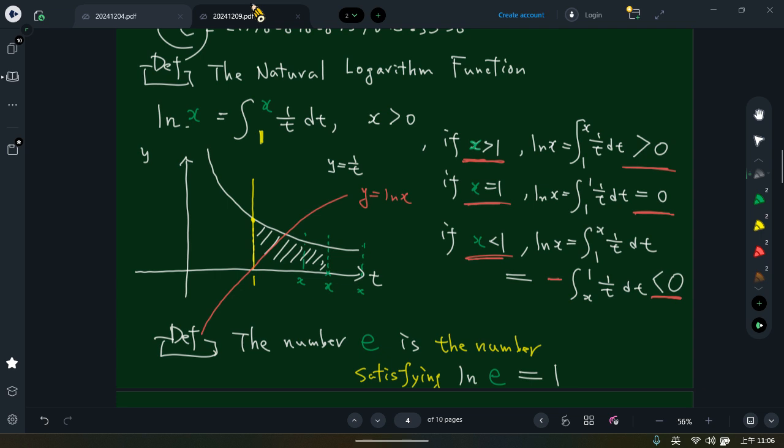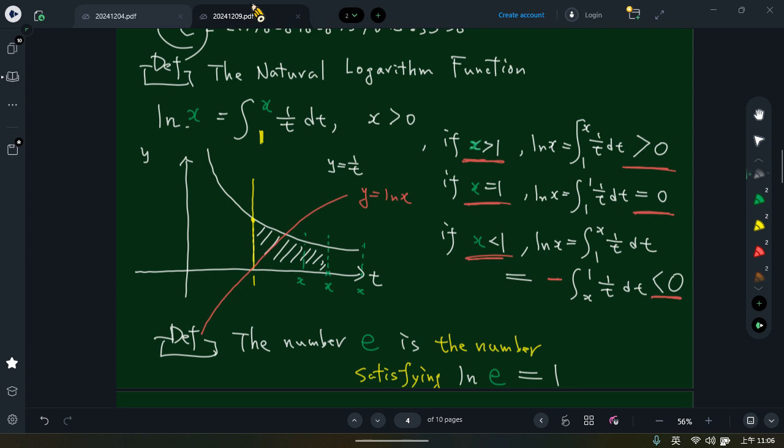e is some number here, but it needs to satisfy that ln e is 1. What does it mean? That means the area should be equal to 1. For example, if x is equal to 1.2 around here, you can work out the size of the area.